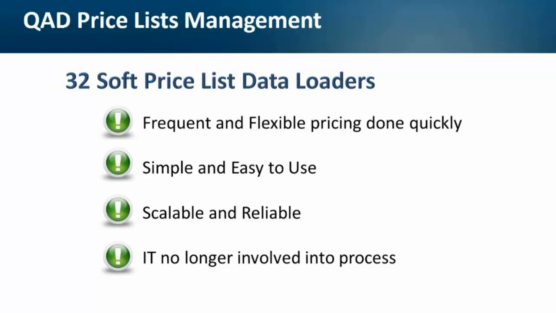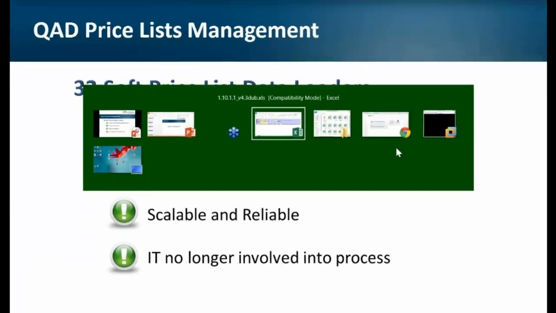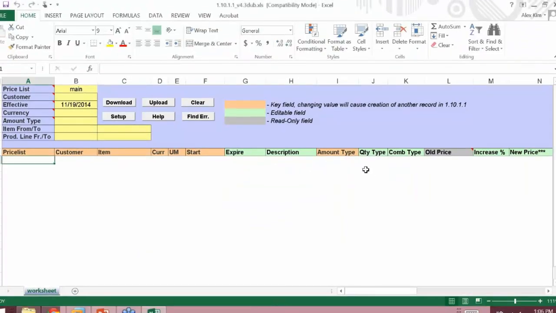And with that, let me demonstrate how the data loaders work. First I'm going to show the customer price list data loader. Data loaders are Excel-based tools. These are Excel templates which can be stored on a network, on a cloud, or individually on your computer.